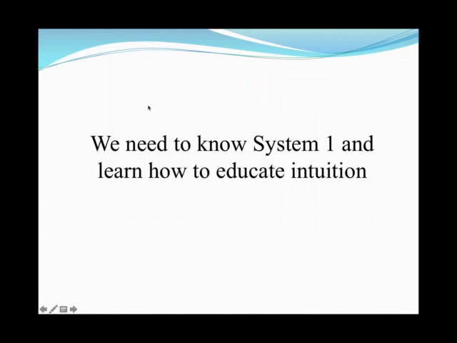So the most important thing is probably to understand system 1 thought and how we can educate our intuition as much as possible, because that's really what's going to be informing the rest of our thinking.